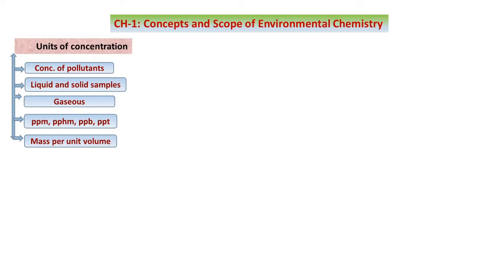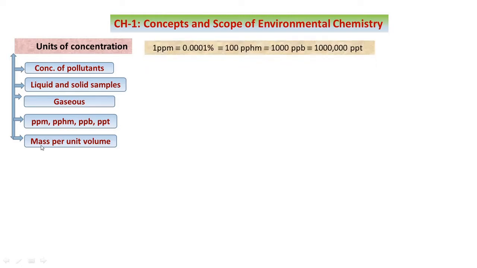And the pollutants may be in liquid form, or in solid samples or in gaseous samples. We can express these pollutants in ppm, pphm, ppt, ppb. And for gaseous pollutants we can express it in mass per unit volume.